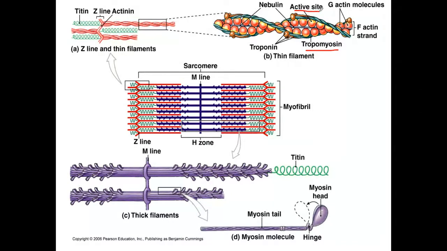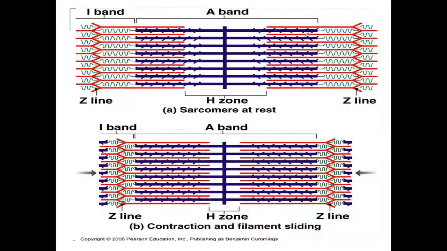Here it's called an active site, but the active site is really the binding site, but it's being covered. But when calcium comes in and removes troponin, then the tropomyosin shifts, and then right here, the myosin head can actually make contact with the binding site to make a contraction.